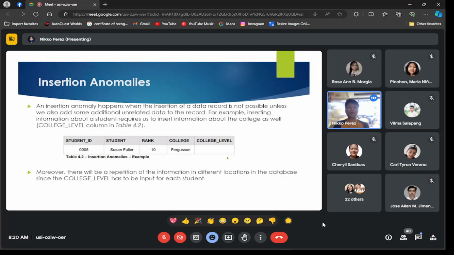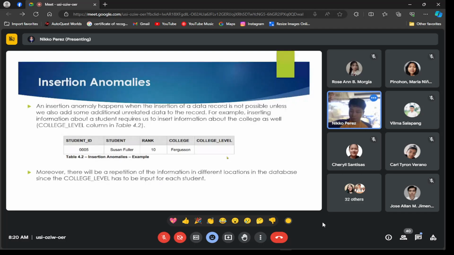Glad that we only have 5 columns, but what if this table is not only working for 2 entities being merged together? What if there are additional table or additional entity aside from the college and the student? Right? What if we added subjects there?